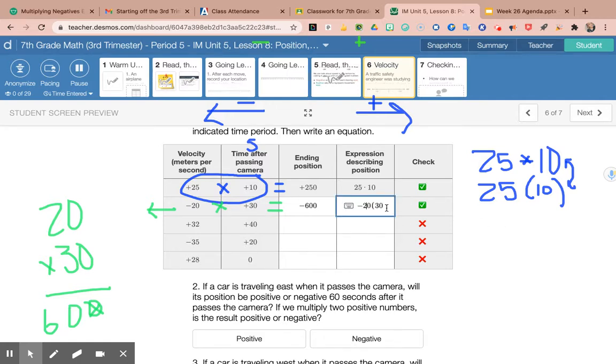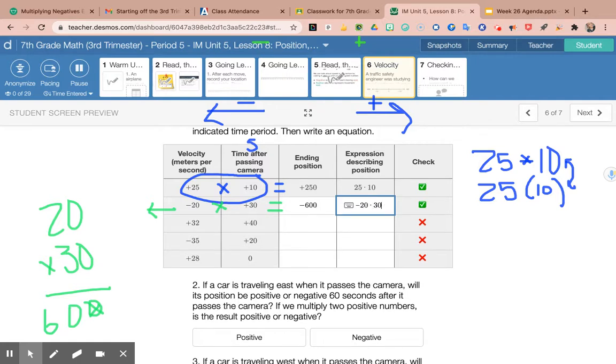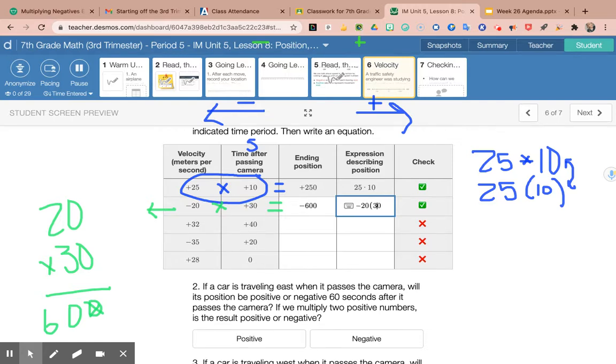So negative 20 times 30, or I can write negative 20 parentheses 30. Both of those are correct. Feel free to change the expression to see what changes. I can't put an X, but I can put a star, and I can put parentheses. Both of those work.